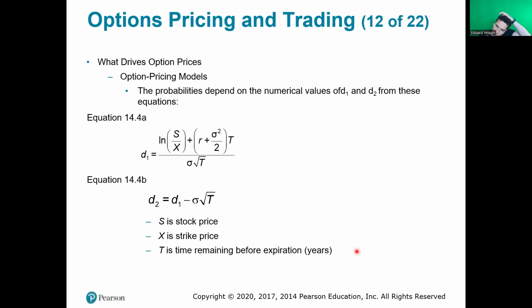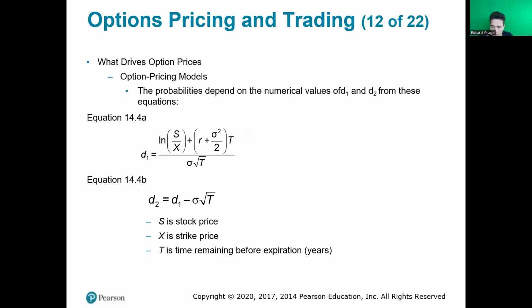So how do we calculate these probabilities? Here is the formula for D1 and D2. I don't think I will ask students to calculate the Black-Scholes model in the exam, but the intuitive idea about this is very important. Essentially, they capture the important inputs: the stock price, strike price, time to expiration, volatility, and risk-free rate.